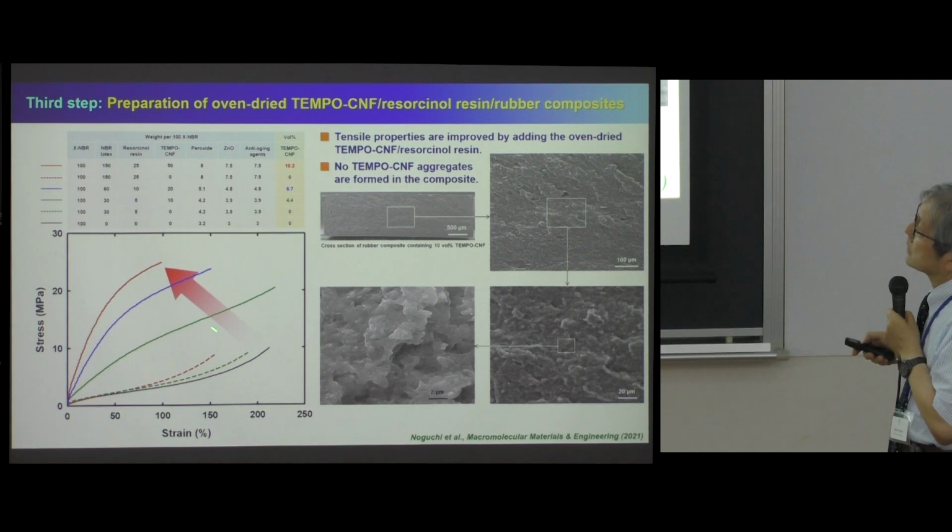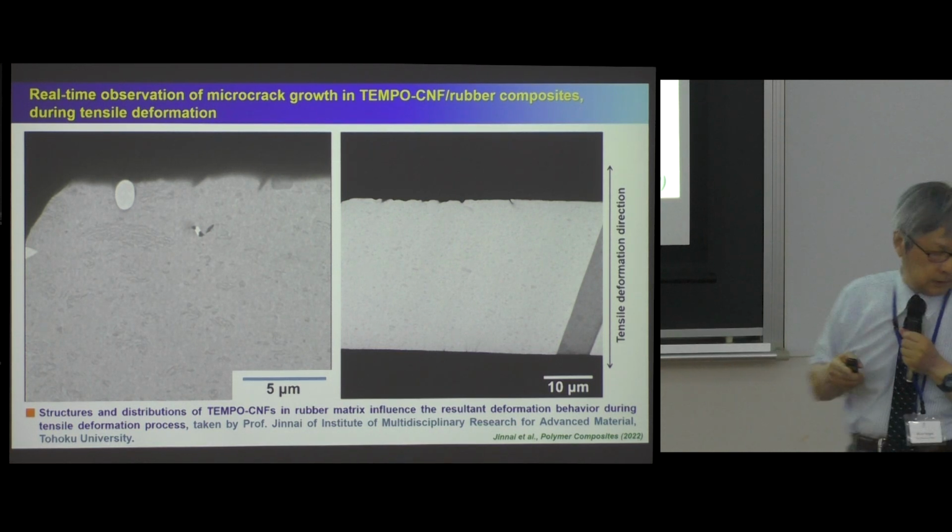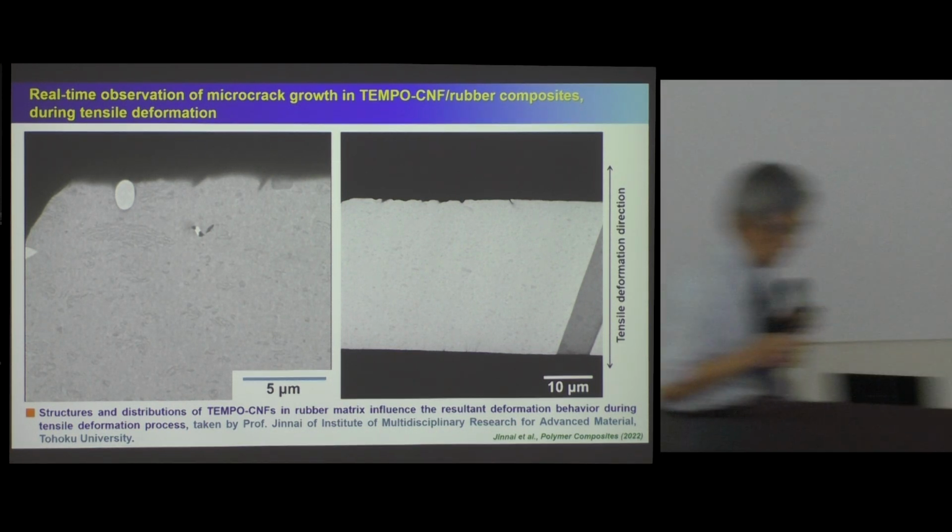And so far the results are good. Strength improved and no aggregation formed. And this work has been done in collaboration with Professor Jinnai of Tohoku University. I'm not sure it works or not.